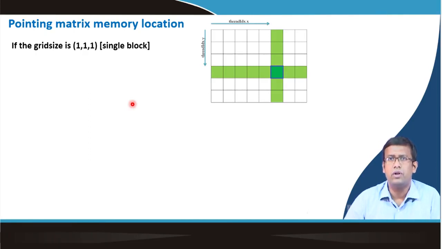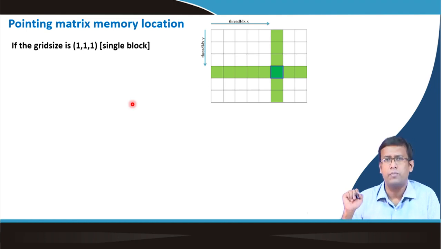Each thread will do a small amount of work. All the threads will simultaneously carry out the work, therefore a large problem can be addressed. This is precisely the single instruction multiple thread model, or single instruction multiple data model. Here we have a large number of threads, and each thread is pointing to one location of the matrix, and therefore at a go the large matrix problem is solved.